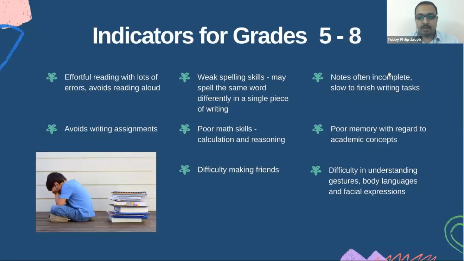That calculation becomes sentences, and they are not able to concentrate on so many concepts together. Poor memory with regard to academic concepts. They have difficulty in making friends and in understanding body gestures, body language, and facial expressions. What the other person is trying to express is not properly understood by them at times.